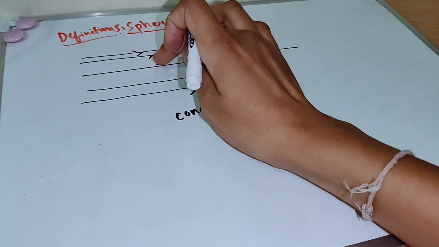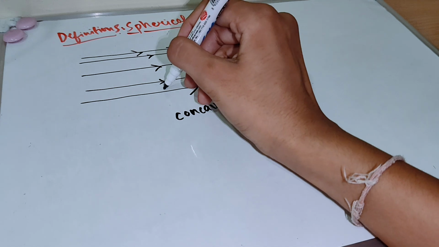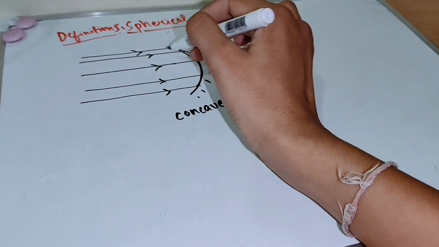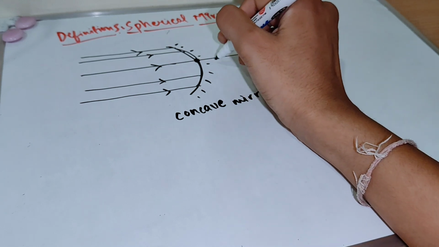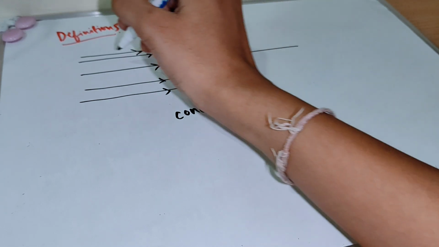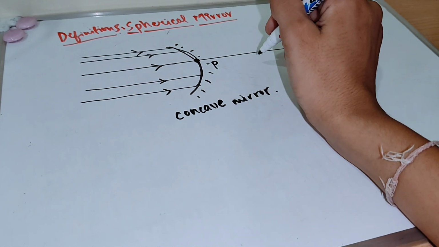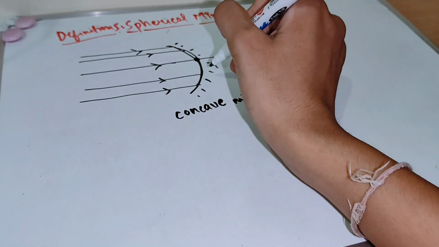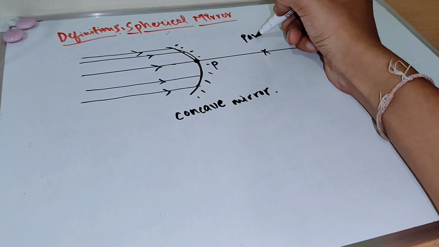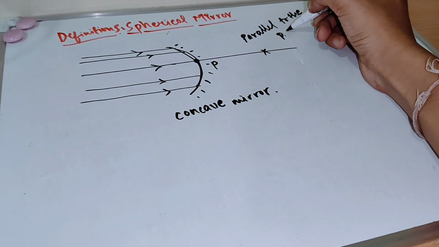It is important to show these lines with arrows. Now what is important is that this point is P. These incident rays should be parallel to the principal axis.